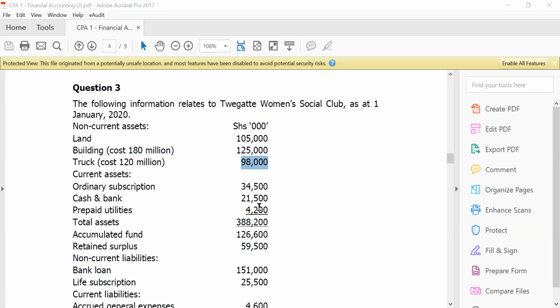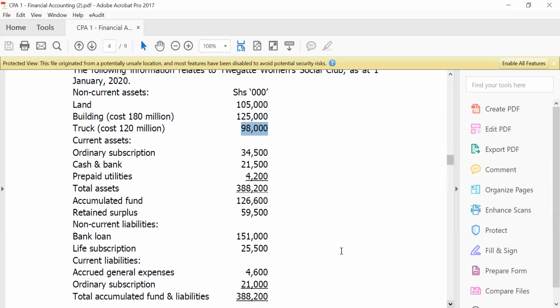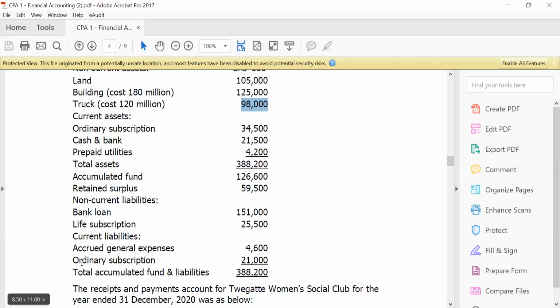Now, before you look at other items, you're going to see that there is another ordinary subscription that you find under your current liabilities in this same question. And I want to explain this too before we proceed further. We have said that these ordinary subscriptions are yet to be received, so they are outstanding.